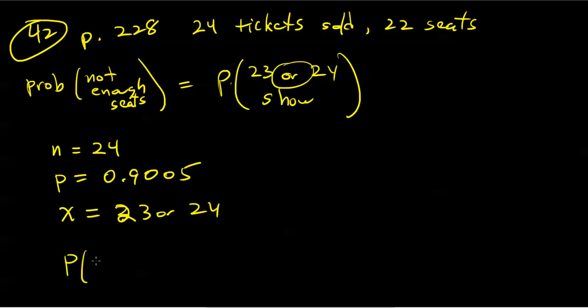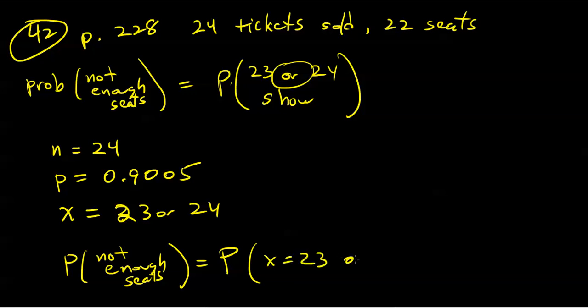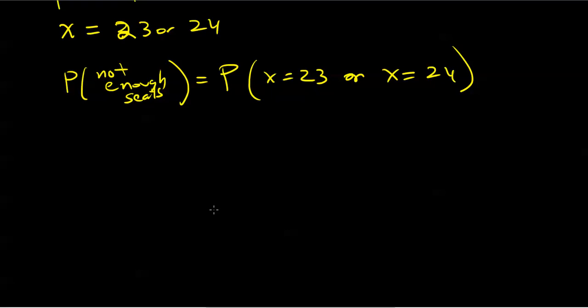The probability of not enough seats, that's the same as the probability that X is 23 or X is 24. In other words, that either 23 people actually do show up or 24 people actually do show up.